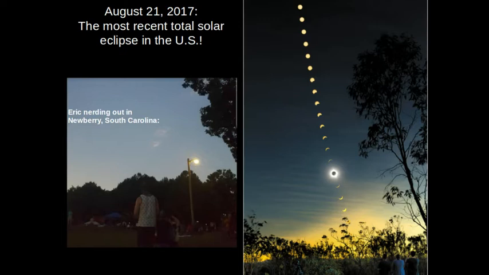It was about 2:45 p.m. in the afternoon on a summer day, and it went almost pitch dark in the middle of the daytime. I felt the temperature drop about 10 degrees, which was kind of nice because in South Carolina, it gets crazy hot in August. You started hearing insects like crickets and birds going crazy. They were probably pretty confused that it just turned nighttime randomly in the middle of the day. And it was just an awesome experience.